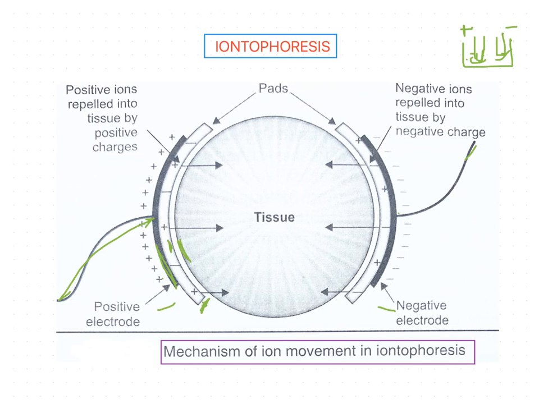Already this positive electrode will have positive ions and this negative electrode will have negative ions. So what is the working principle in iontophoresis? Like charges repel, isn't it? Here, positive ions are repelled into the tissue by the positive charges.